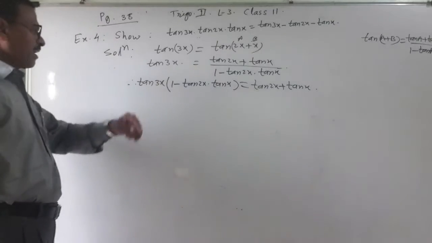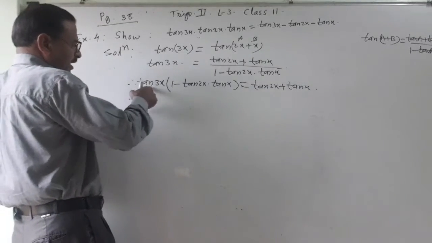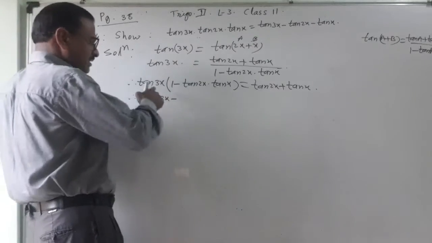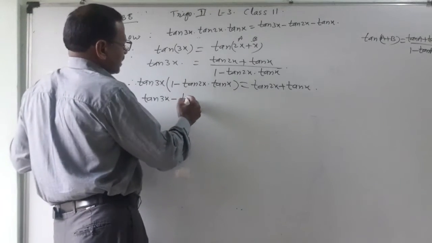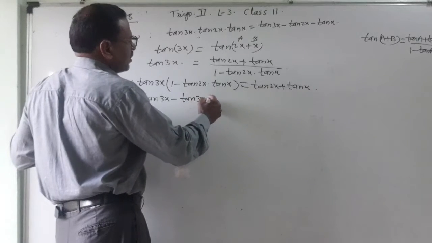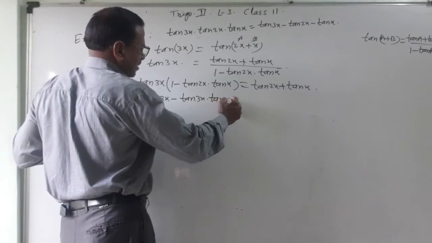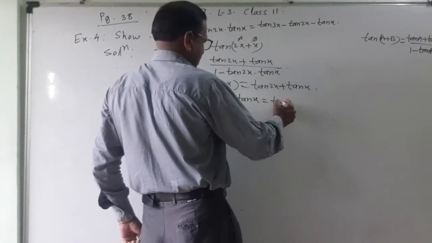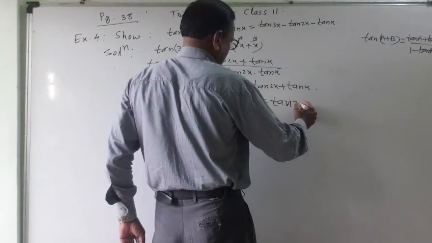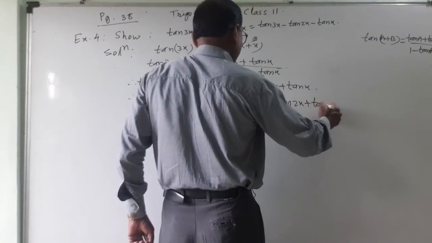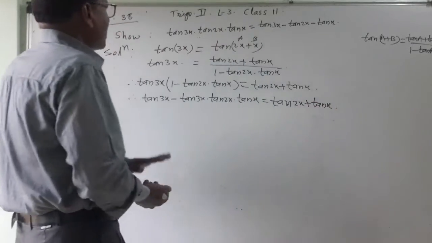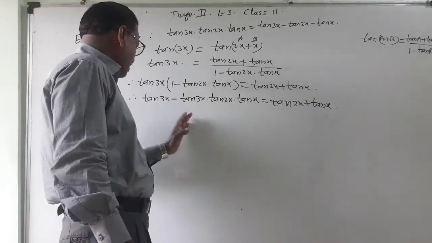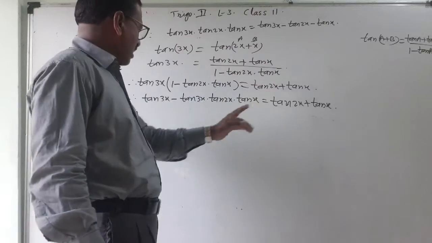Now I will multiply by this. Therefore tan of 3x into 1, tan of 3x minus, now multiplying this, tan 3x into tan 2x into tan of x is equal to tan 2x plus tan x. Now we will arrange what I want. I want this portion to be here and this portion I want there.